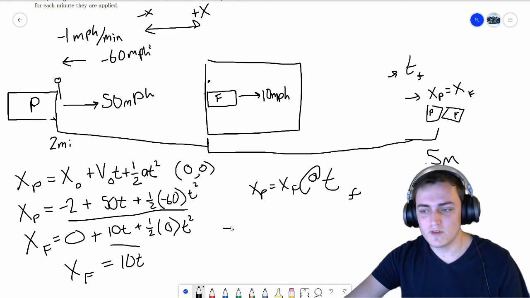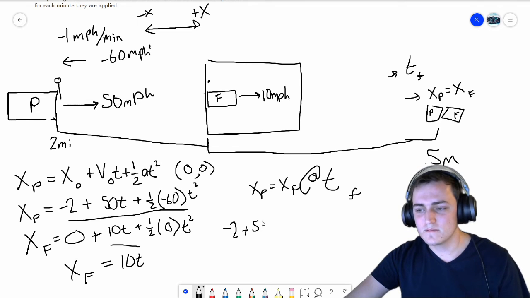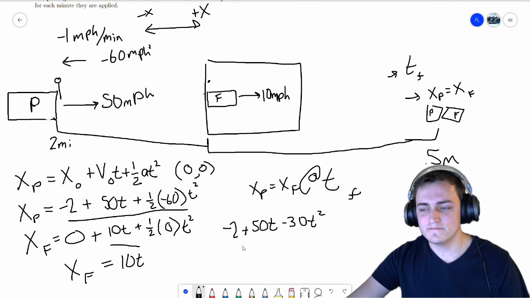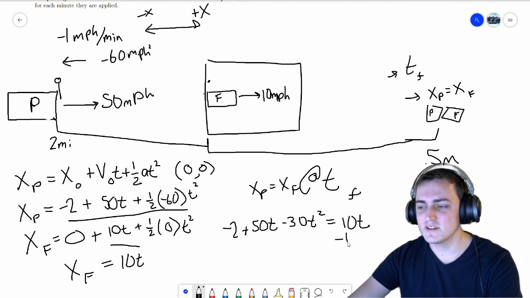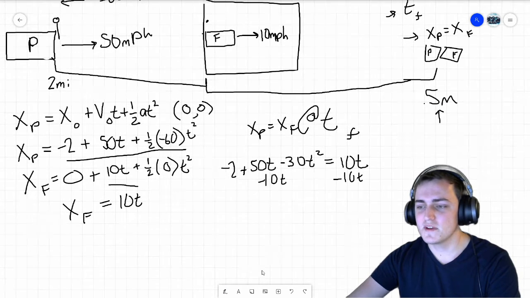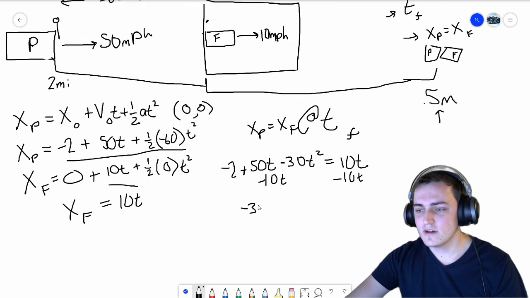So we have -2 plus 50t, and we can simplify 1/2 times -60 to -30 t squared. This is just the equation of the passenger train's position, and this is equal to the freight train's position equation, just 10t. This is a quadratic that we're going to have to solve, so we want to set it equal to 0. Just take 10t off from both sides, and we end up solving -30 t squared plus 40 t minus 2 equals 0.